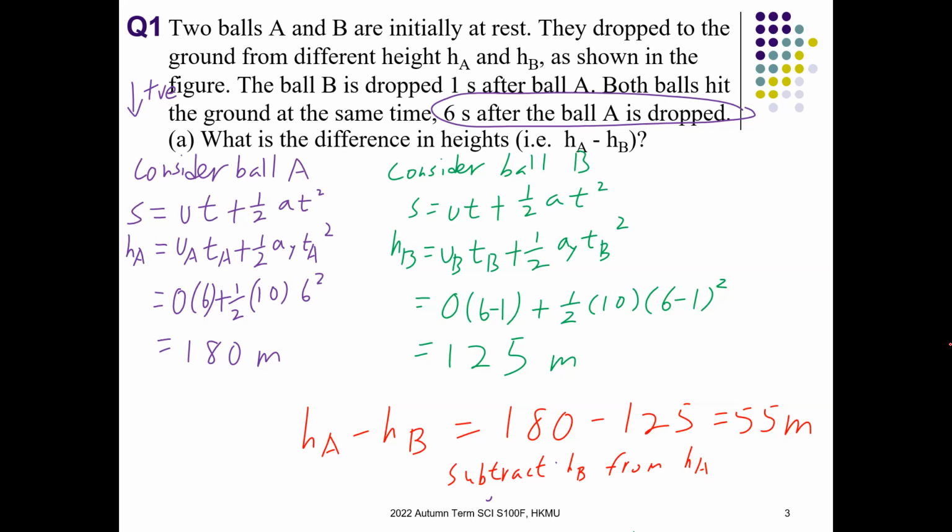In case this is not easy to understand, you can say from HA subtract HB. Either you say HA minus HB, or you write subtract HB from HA, or from HA subtract HB. This is how we describe the subtraction between two things.